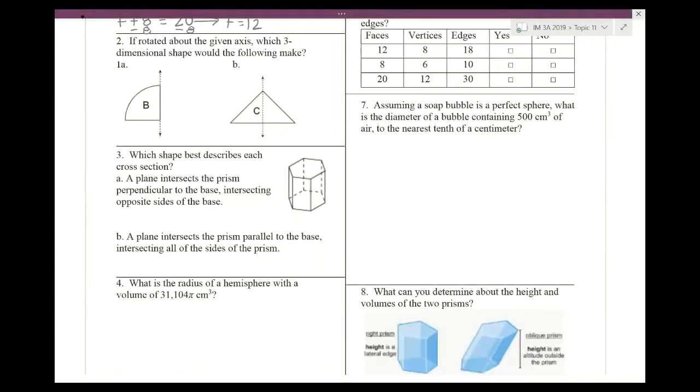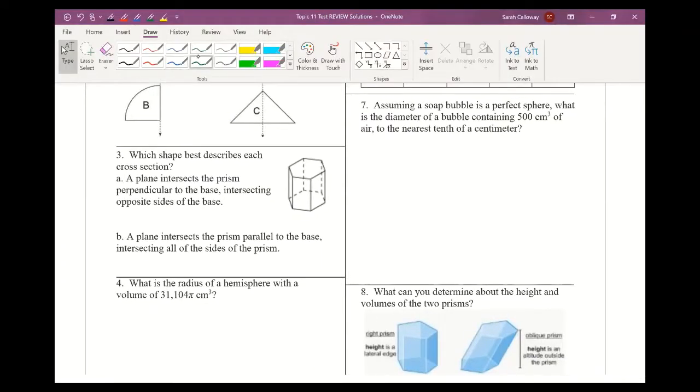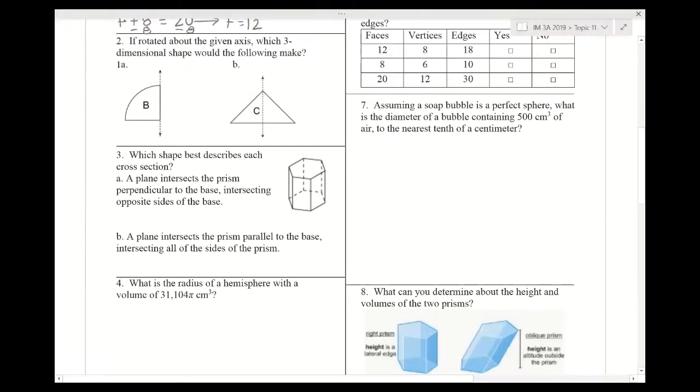For question 2, if we're rotating two-dimensional shapes about the axis that is given, it's going to create a circular three-dimensional shape. If I'm spinning this around in a circle, it's going to follow this pattern, and that becomes a dome shape. A dome shape is called a hemisphere.